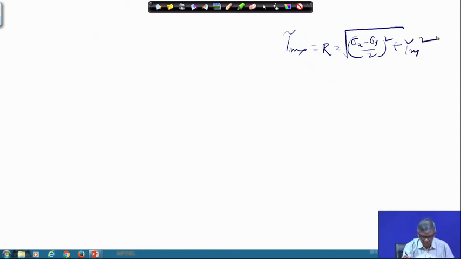Now I can assume sigma x equal to sigma 1 equal to 400 and sigma y equal to sigma 3, or sigma 2, equal to suppose 100, and tau xy equal to 0. If I do that, then your R will become 150.